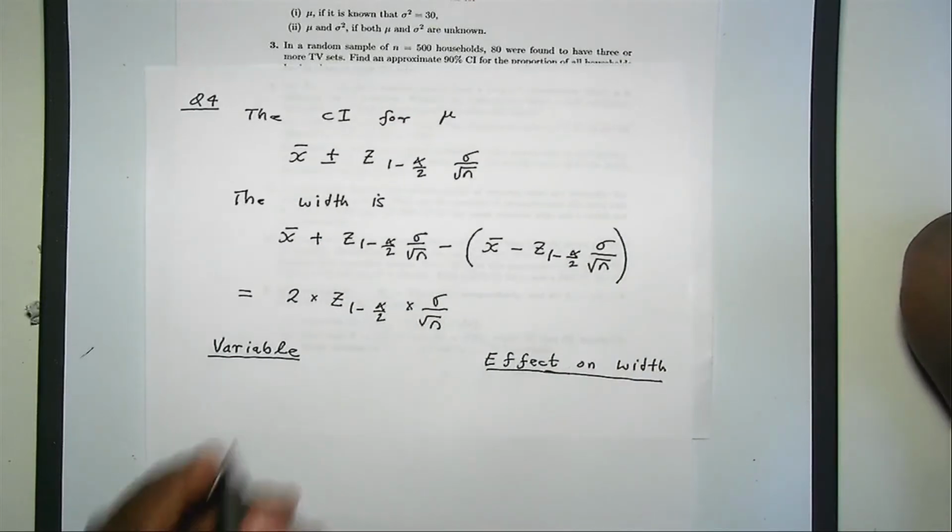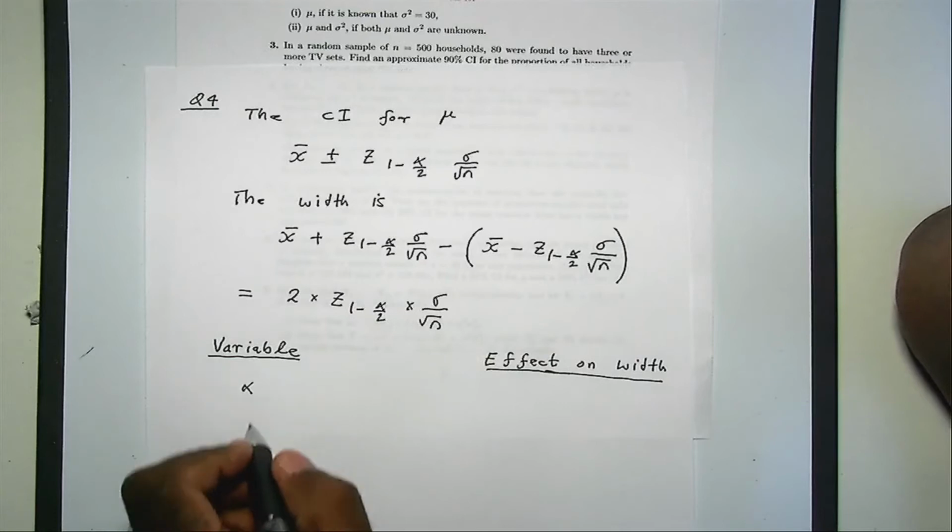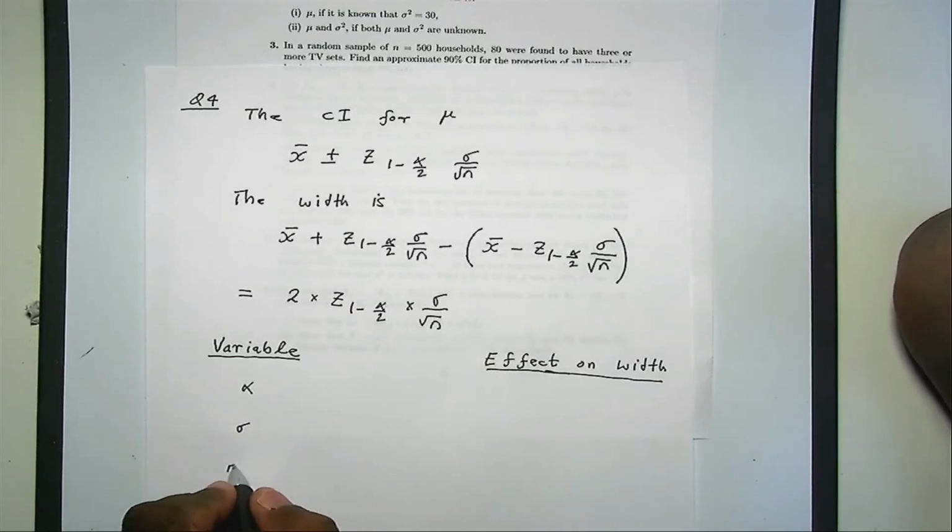Now let me put the 3 variables, which are alpha, sigma, and n.